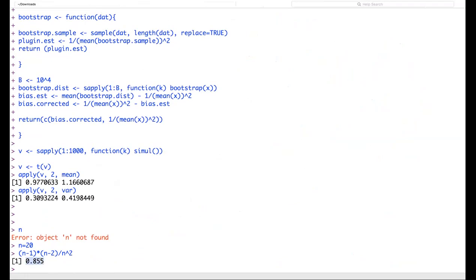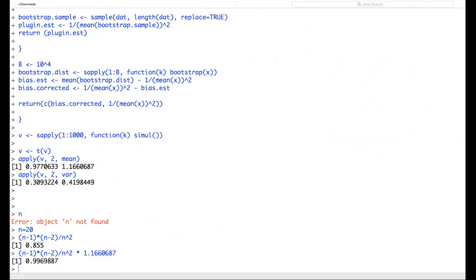That means instead of 1, we correct it by taking only about 85.5% of this value. So it should correct it to close to 1. So let's try that. Okay, so this is almost 1.